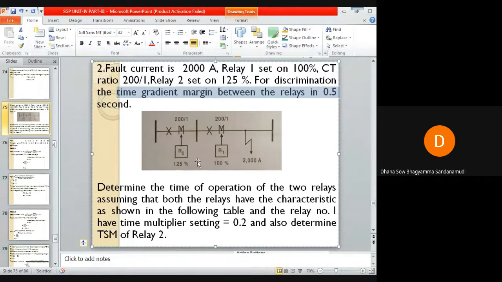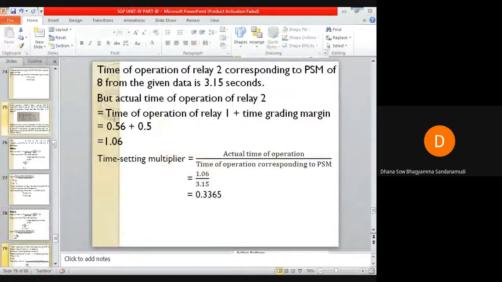If relay R1 fails to operate, then only relay R2 will operate. So the time taken for relay R2 to operate is the time of operation of relay 1 plus the time grade margin. The time of operation of relay 1 is 0.56, which you have already calculated, plus 0.5. It is 1.06. So the time of operation of relay 2 is 1.06.